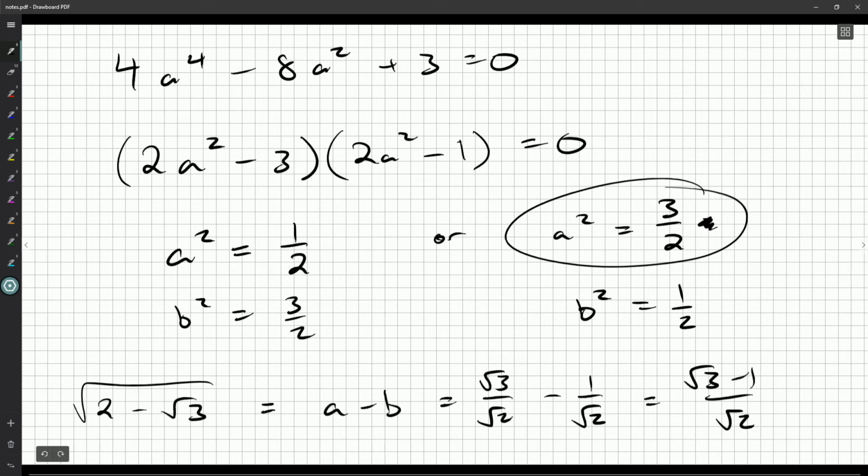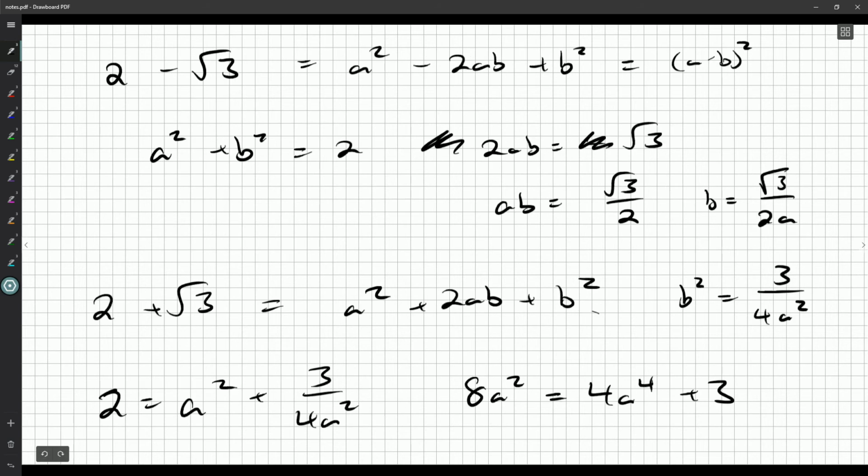Did I not factor this properly? I let a squared be 1/2. 0.5 times 0.5 times 4 is 1. Minus 8 times 0.5 is negative 3 plus 3. No. I factored it just fine. So why isn't my a minus b working?